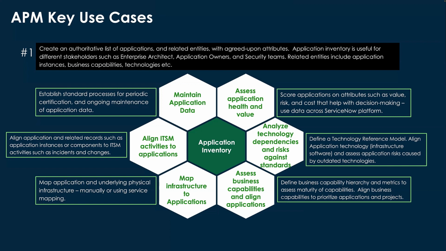That feeds back into rationalization and just general understanding of what's happening with your application inventory. Analyze the technology dependencies. That's that technology portfolio part where we understand what technologies are in use and what the risks are based off of manufacturer life cycles. So it's a software currency sort of play.